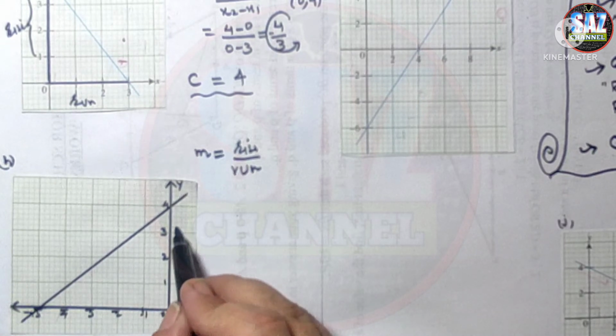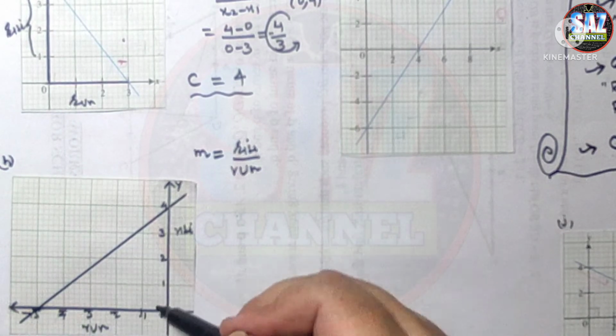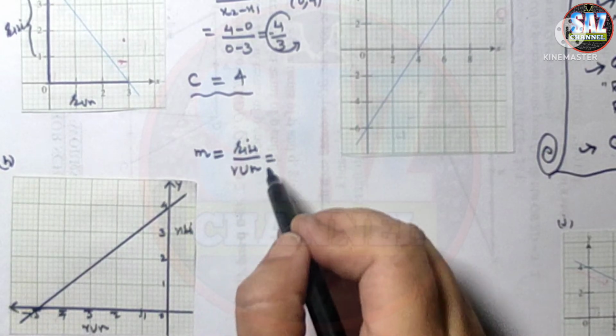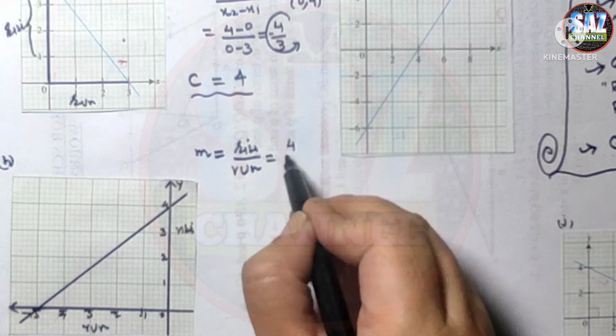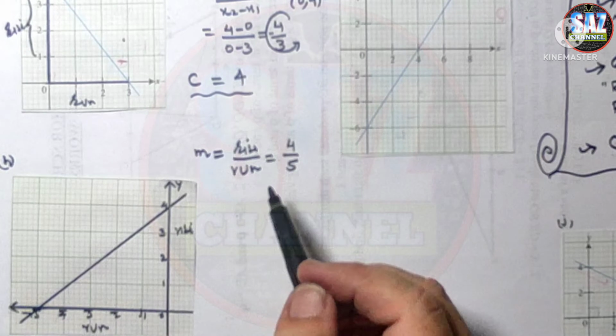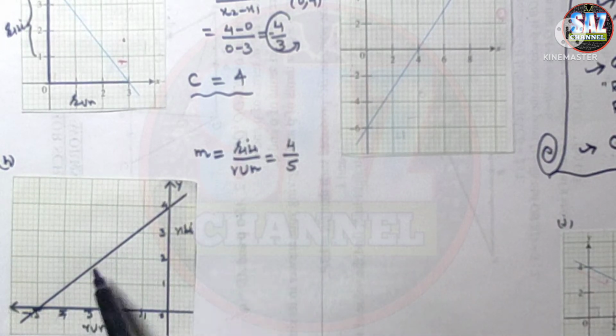This is the rise side and this is the run side. So in the rise side we have how many blocks? We have 4 blocks in the rise side, and the run side has 5 blocks. And again the gradient will be positive because the line is having a rising trend.